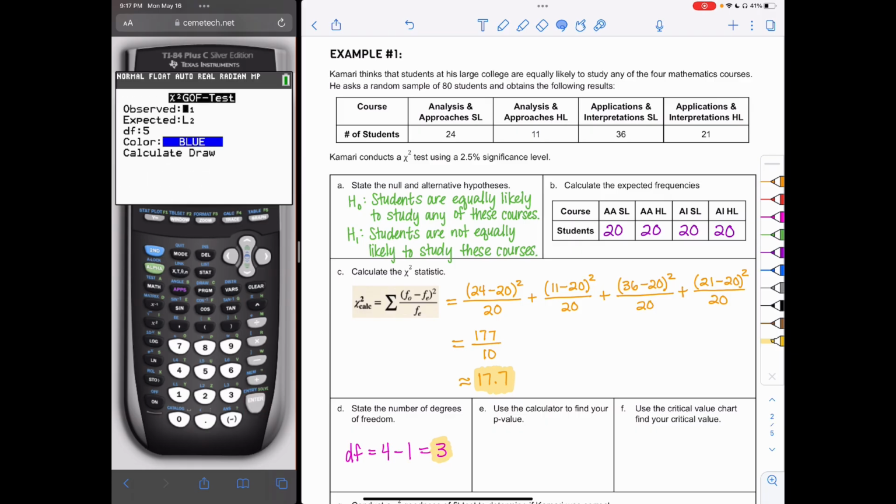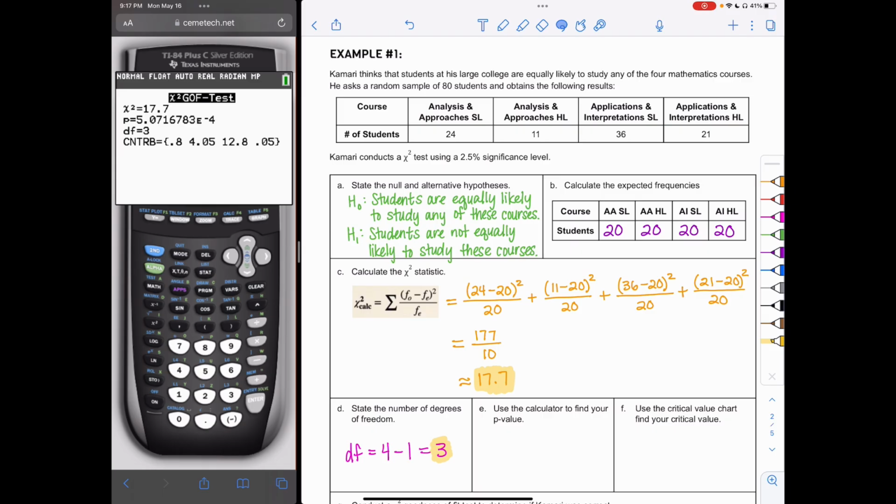When I scroll there, I'm going to make sure that my observed values came from L1, my expected frequencies came from L2, my degrees of freedom is 3, and then once I do that, I can calculate.